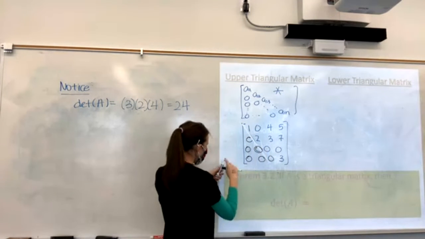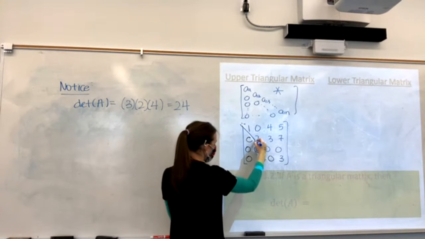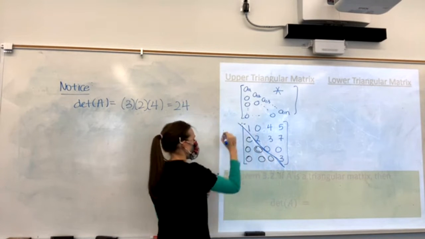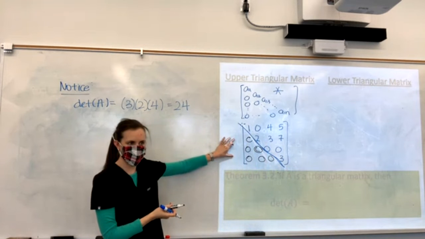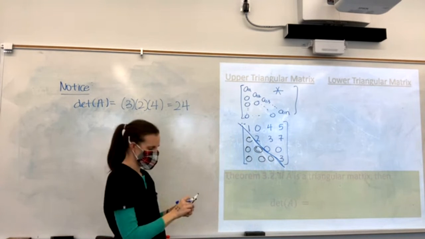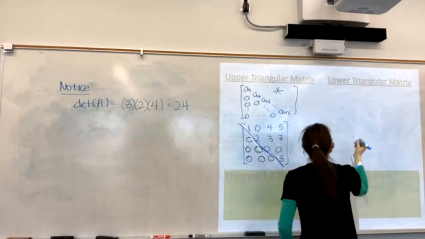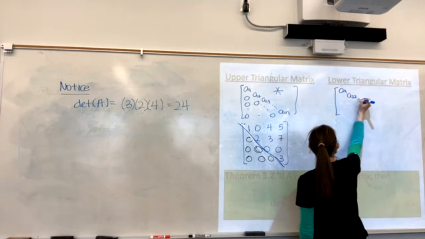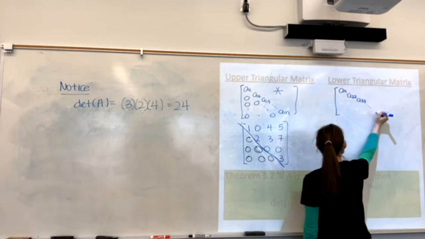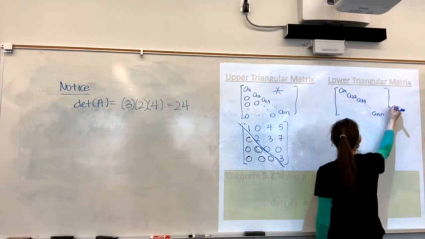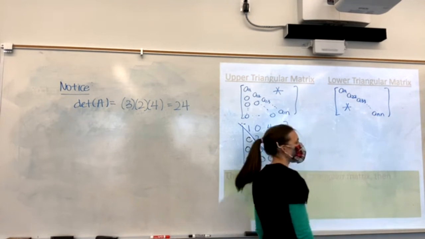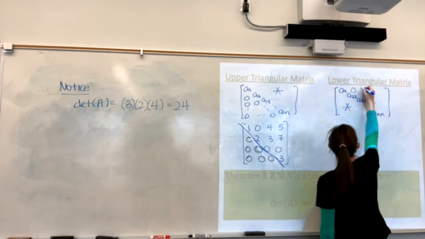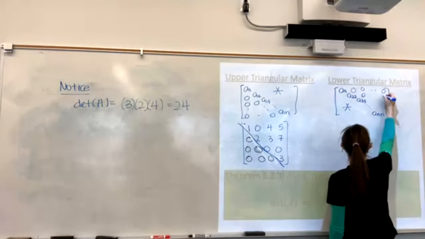So everything that is below, there's my main diagonal. Everything below the main diagonal has to be the zeros in an upper triangular matrix. In a lower triangular matrix, it's the opposite. So I've got my main diagonal. And whatever can be happening down here, I don't care. But everything above that main diagonal has to be zeros.